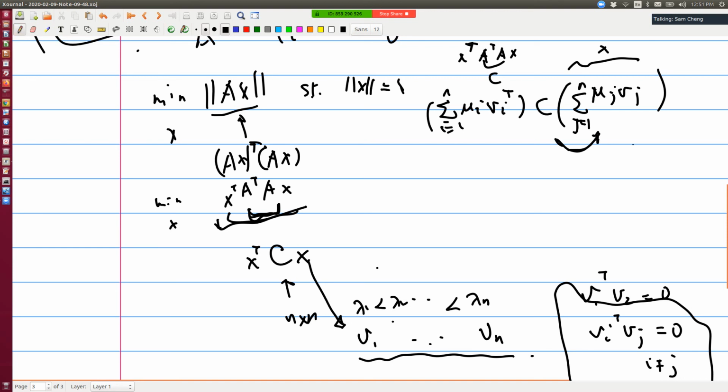This is a scalar, this is a vector, so x is still a vector, I just represent it that way, right? C is equal to A transpose A. So again, C is A transpose A, and all these v's here are the eigenvectors of C.